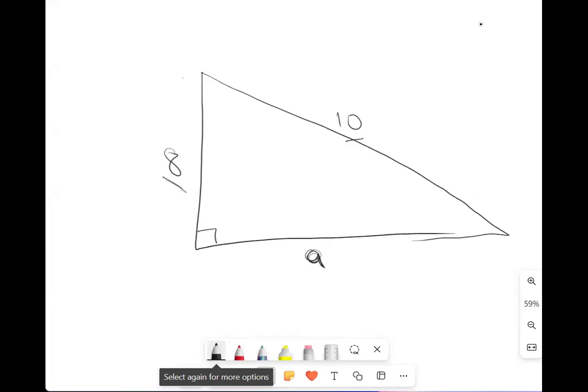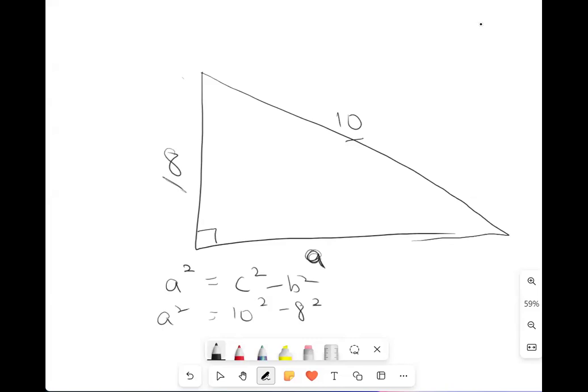Sir, can you use a square equals c square subtract b square? Yeah, right. Yes, you can do that. So you can use a square equal to c square minus b square. So in this case, a square will be 10 square minus 8 square.